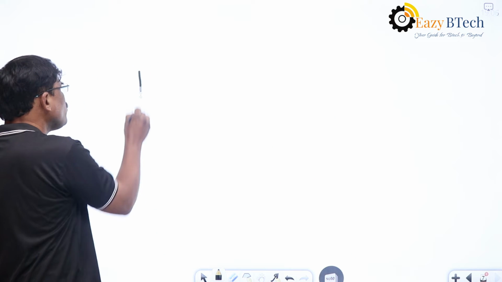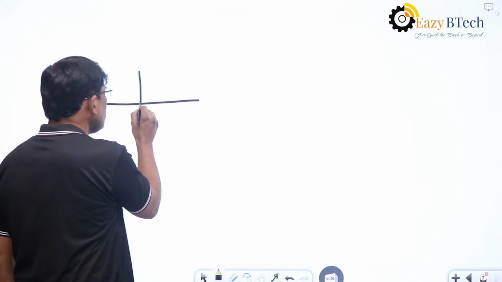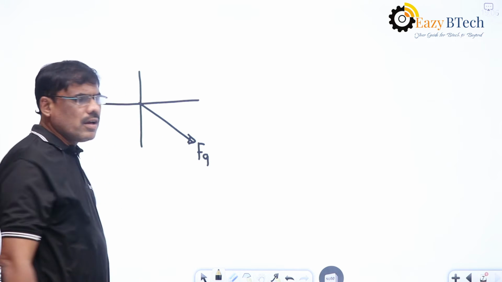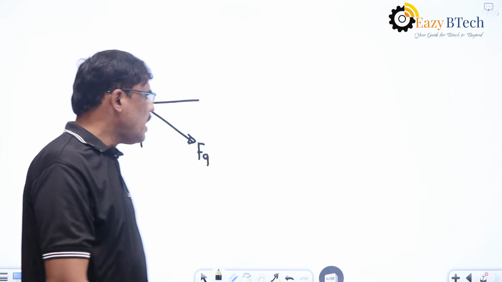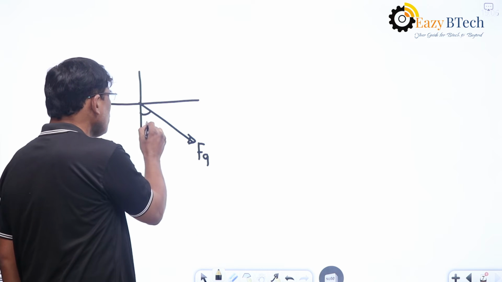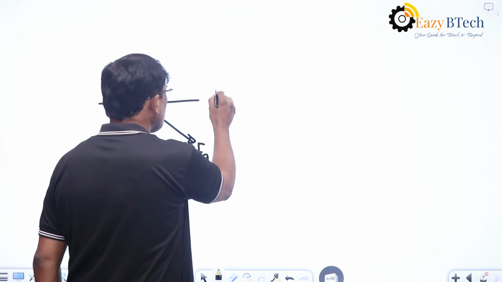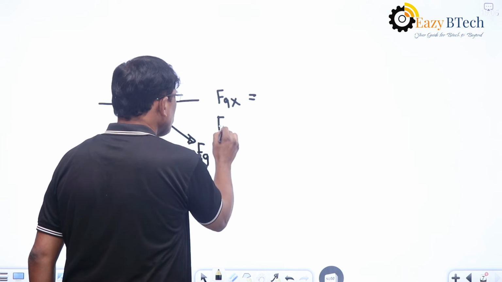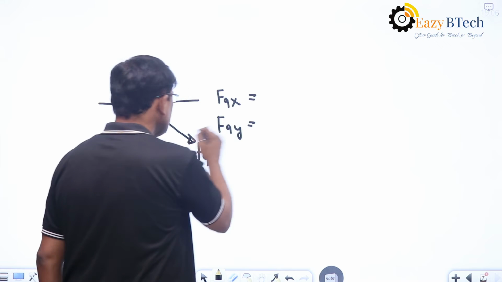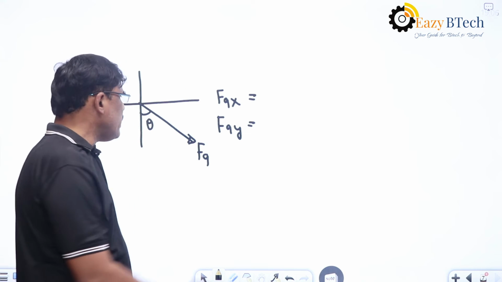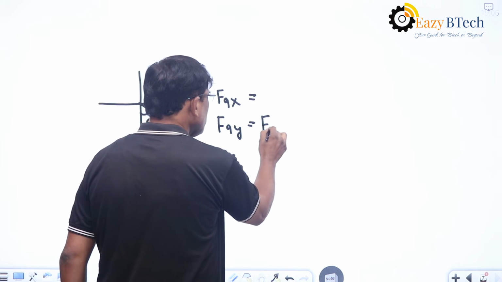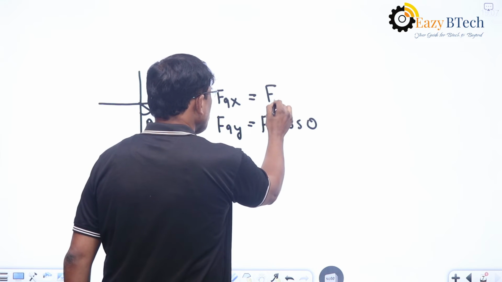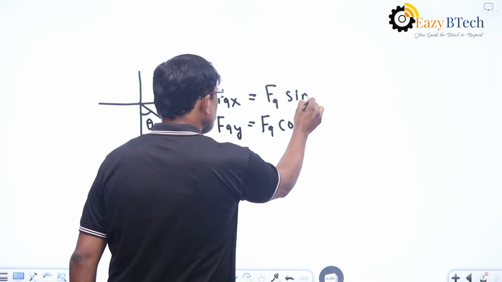And you take one more force here. Let us say force F9 is acting in the fourth quadrant and it makes angle theta with y. So F9x and F9y: because it is making angle theta with y, F9y becomes F9 cos theta and F9x becomes F9 sin theta.